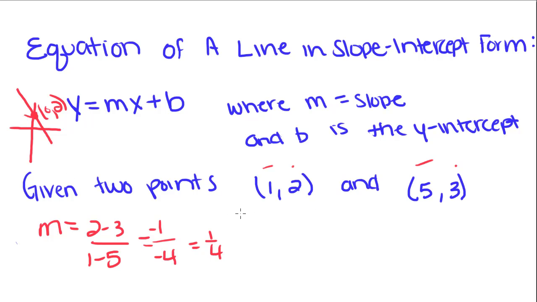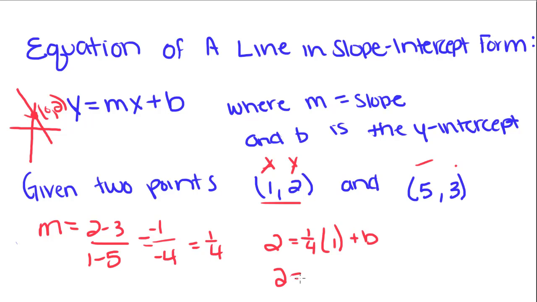Now to find b, we're going to plug in one of these 2 points, it doesn't matter which one, and the slope, and solve for b. So we're going to use this one because the numbers are smaller. So this is x and this is y. So we're going to plug these numbers in for x and y. So y equals mx plus b. 2 equals m, which is our slope, 1/4, times x, which is 1, plus b.